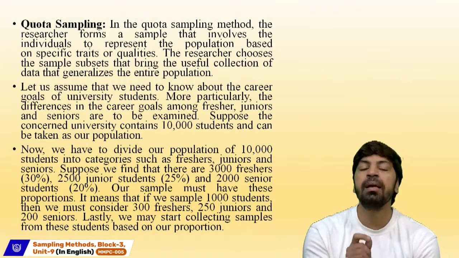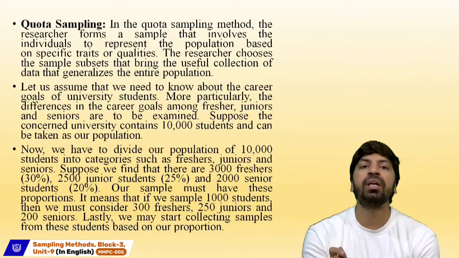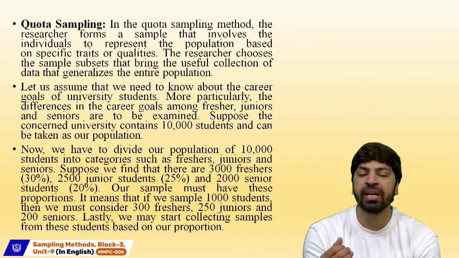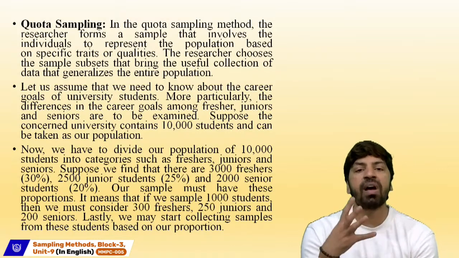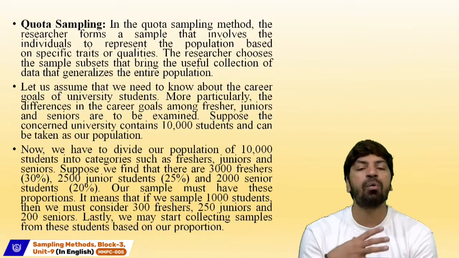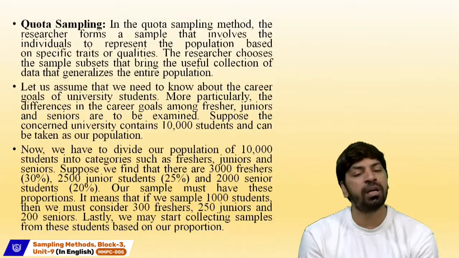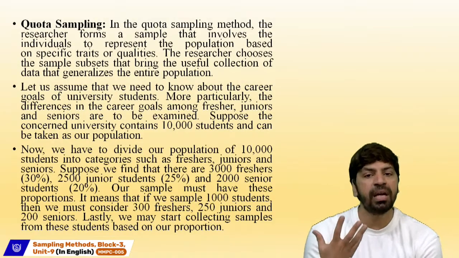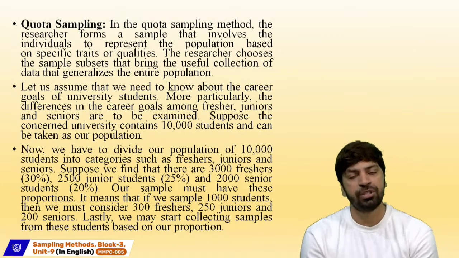That means we have segregated the students into three quotas, or traits: fresher, junior, and senior. Accordingly we divide the samples according to the proportions, and then collect the data with these proportions.